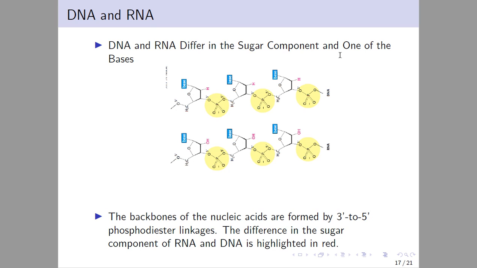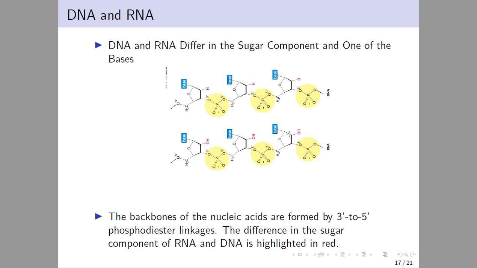Okay, so DNA and RNA differ in the sugar component and one of the bases. Here we can see that these are DNA, the bases, and maybe there is a difference in the base, and the sugar component. Here you can see that for DNA, these are hydrogen, but for RNA, these are the OH.